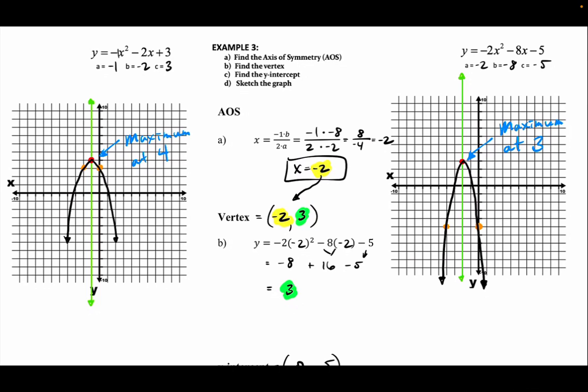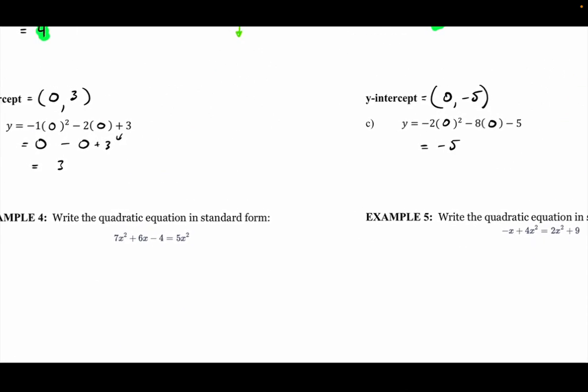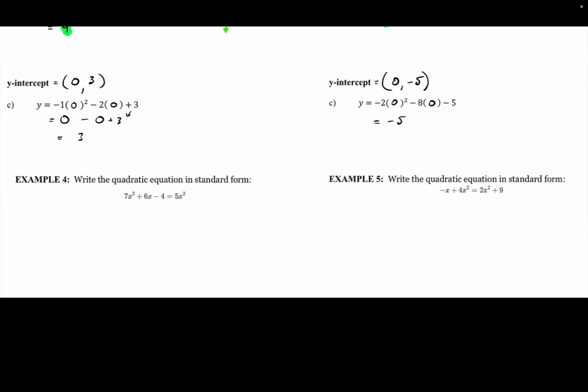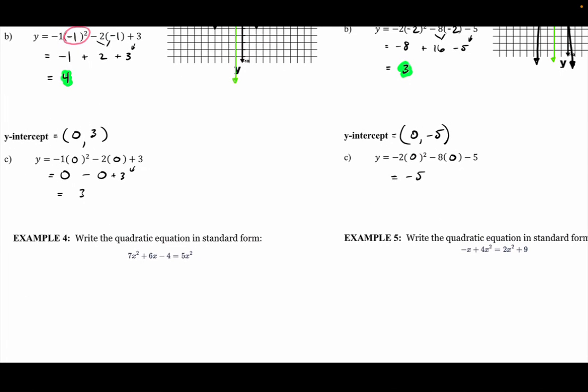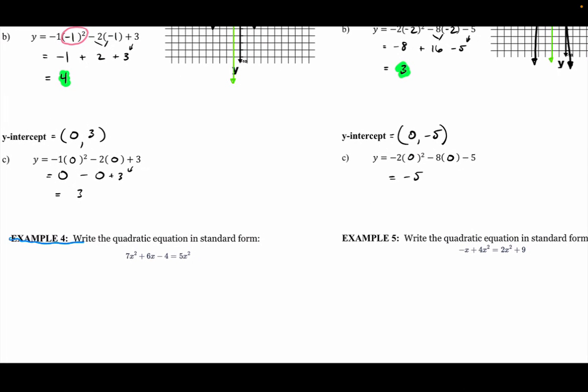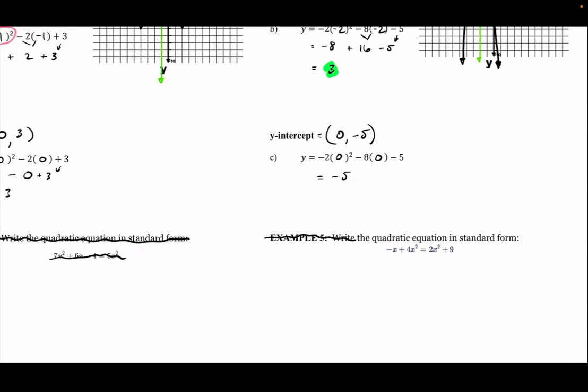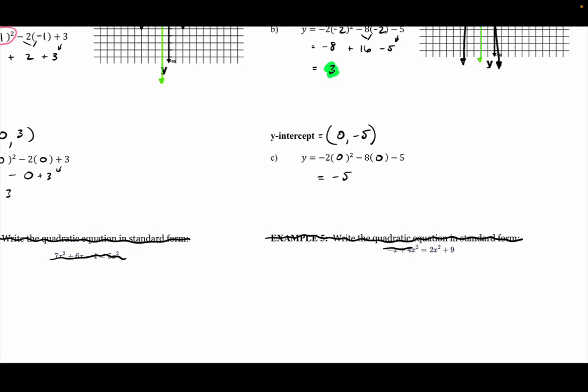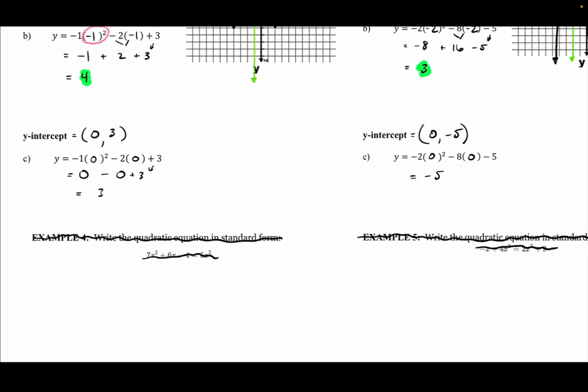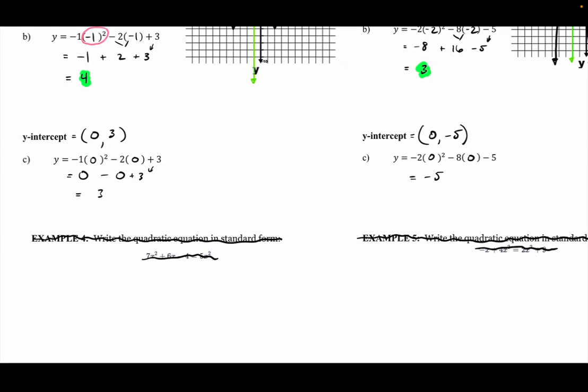Okay, so last one we're going to do. Look at 4 and 5. We're not going to do these 4 and 5. The last thing we're going to do is I'm going to give you an example 4.